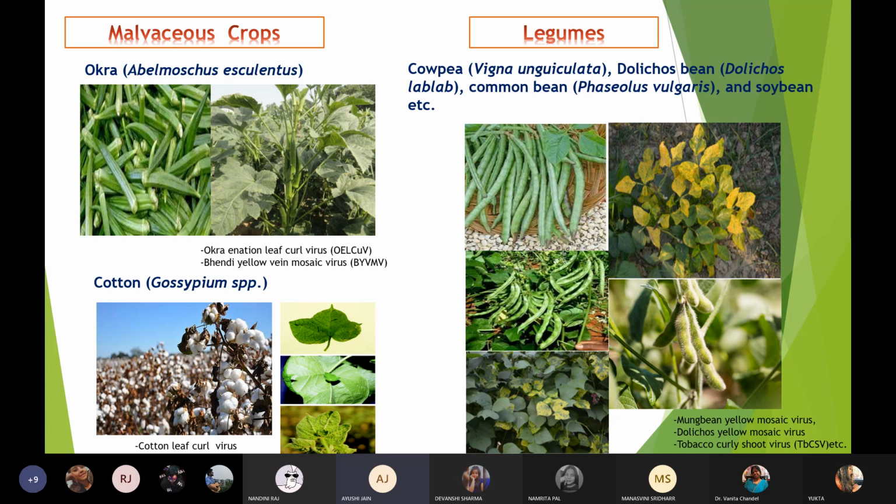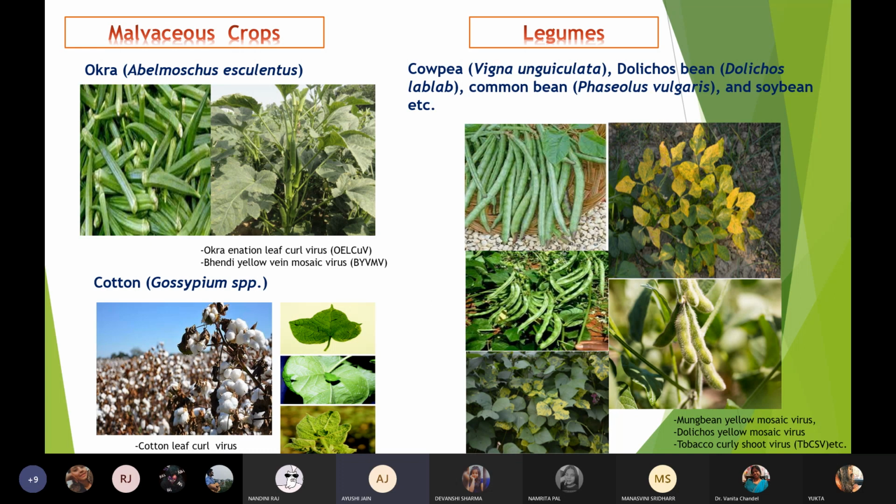Legumes are the richest source of vegetable protein, and different types of vegetable legumes like cowpea, dolichos bean, common bean, and soybean, etc., occupy a major area in India and constitute a major dietary constituent.